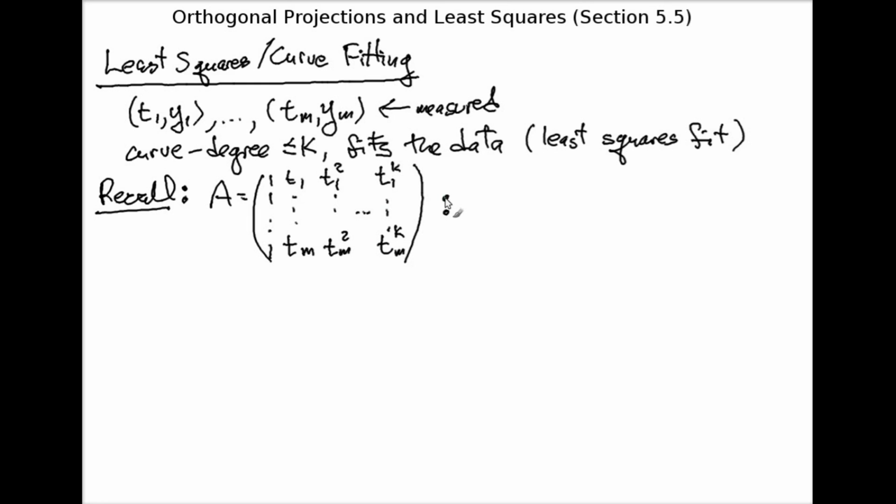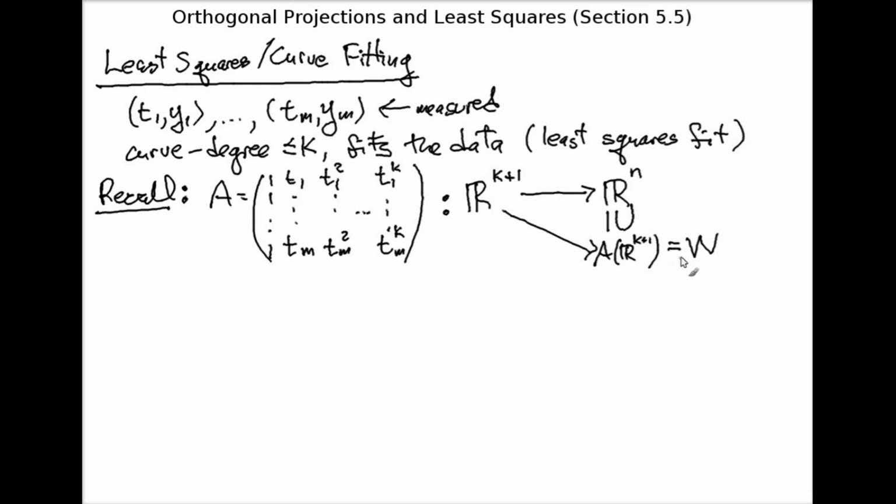And we think of this matrix as a map from R^(k+1) to R^n. And the image of it, the range of it, I should say, A applied to R^(k+1). If you call this W, this is a subspace of dimension k plus 1.